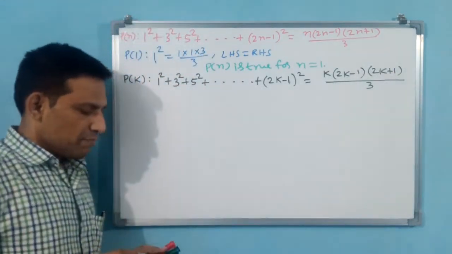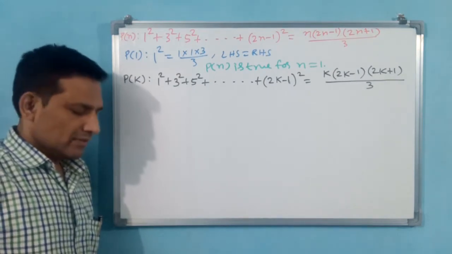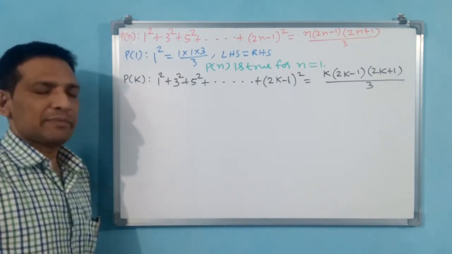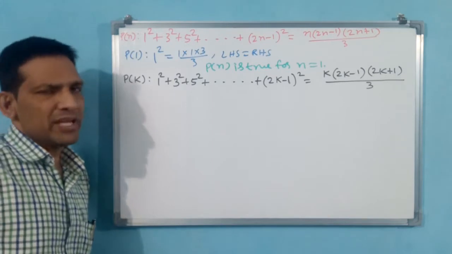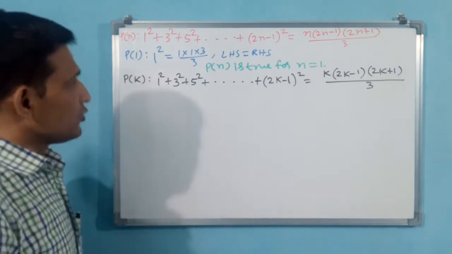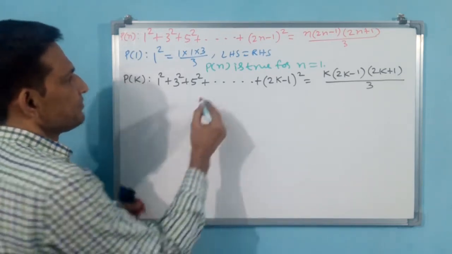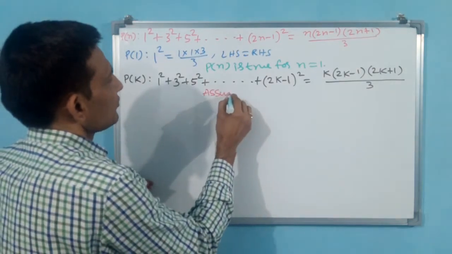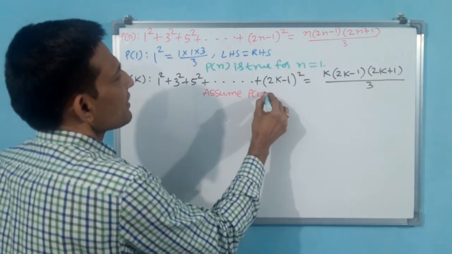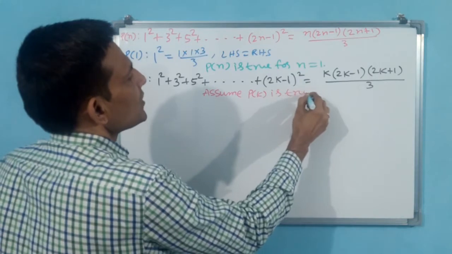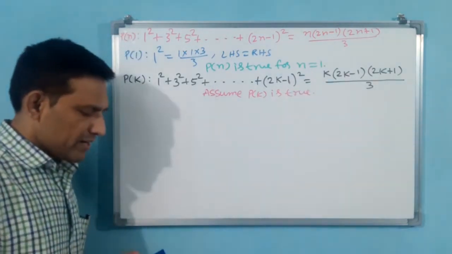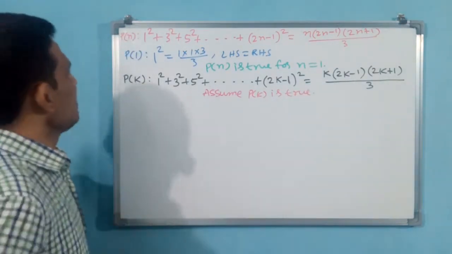Okay. This is Pk. After writing Pk, another important step is to assume Pk is true. Let us write: assume P of k is true. Okay. This is also a very important step. You have to write it anyway.